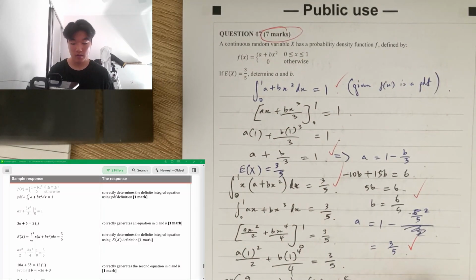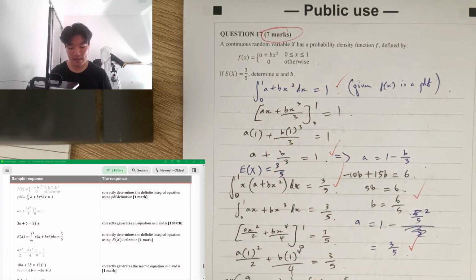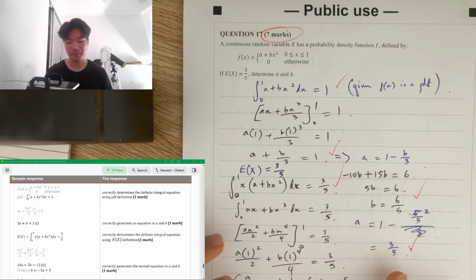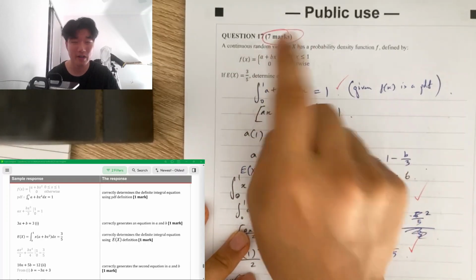So A and B, again, 2 variables. We're going to be involving simultaneous equations somewhere. We're going to have two equations that we equate, and then we sub A or B into the other equation to work out the values. We're given it's a continuous random variable.